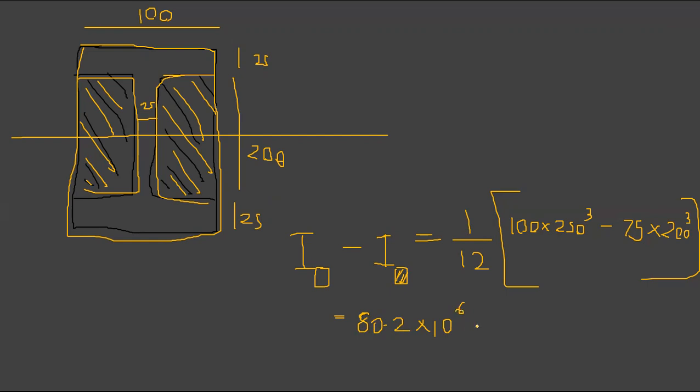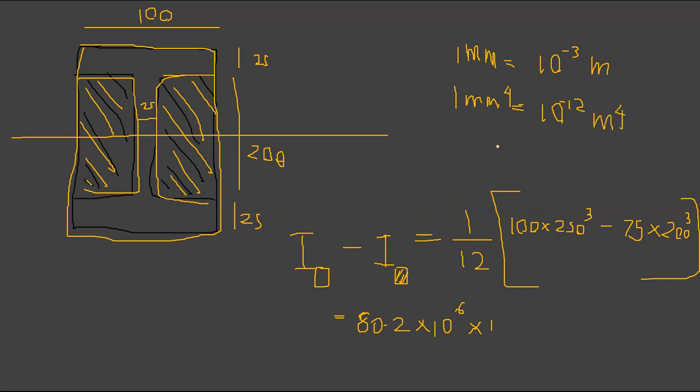So you need to convert it to meters, right? 1 millimeter is equal to 10 to the power minus 3 meters. So that means millimeter to the fourth is equal to 10 to the power minus 12.